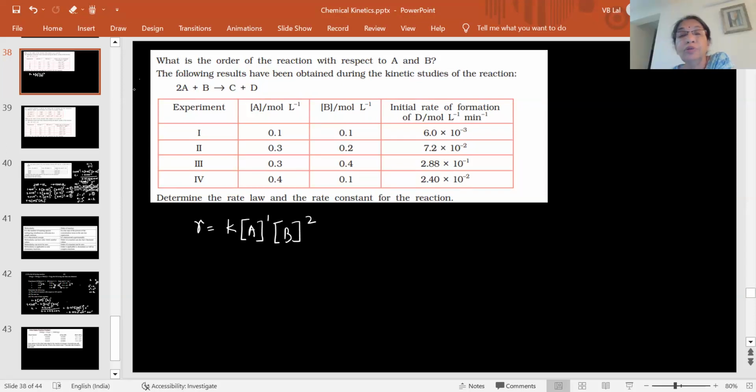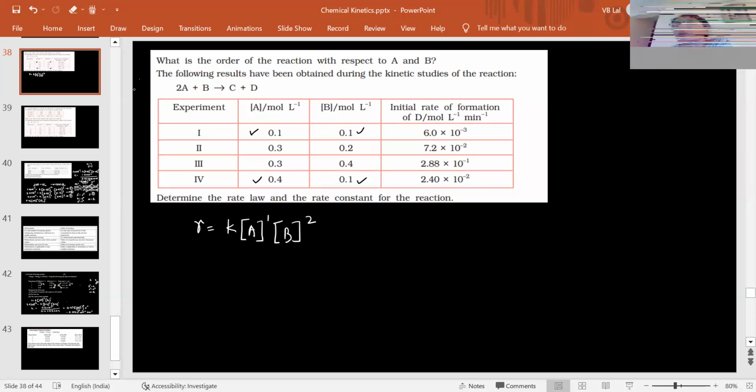Yes. So you see, if I take the first one and the fourth one, why did I choose first and fourth? Because in first and fourth, the concentration of B is constant. So keeping the concentration of B constant, I've increased the concentration of A 4 times.